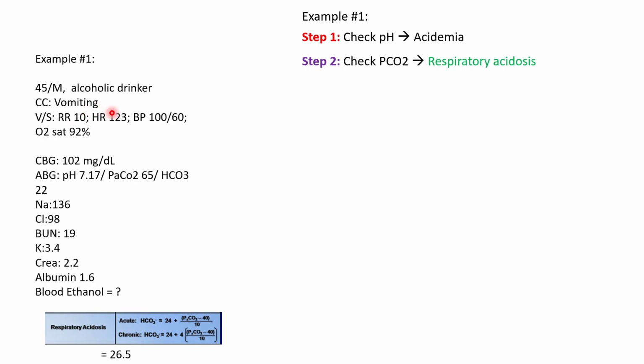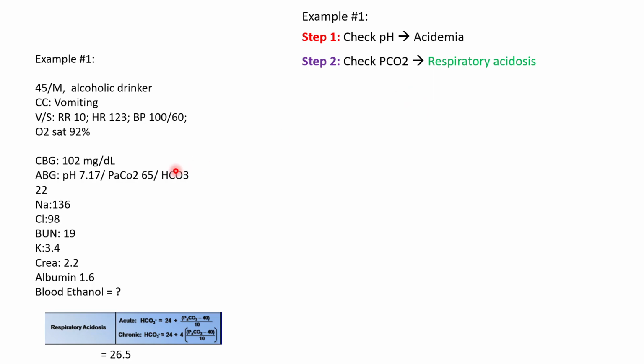Let us have an example. Number 1, you have here a 45-year-old male, an alcoholic drinker. The ABG is 7.17, complaining of vomiting. So if you have this ABG, because the patient is complaining of vomiting and then maybe a reduced sensorium, the pH is acidemia because your pH is 7.17.